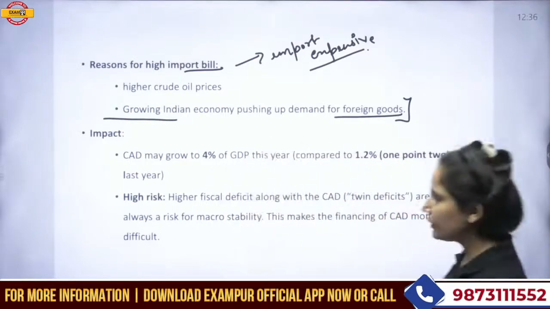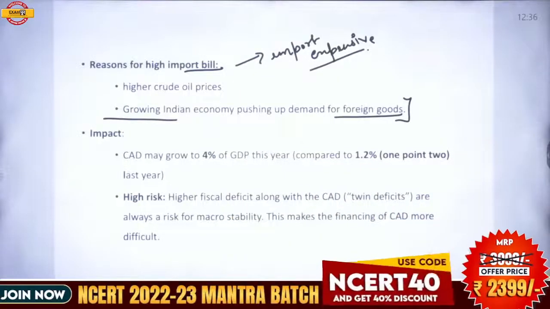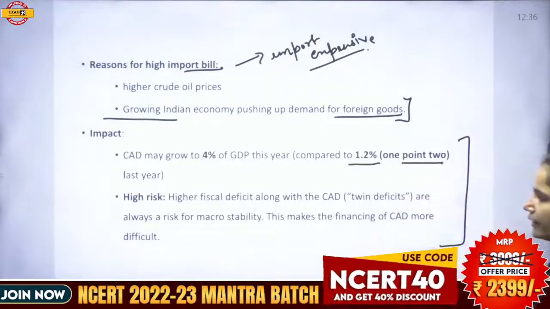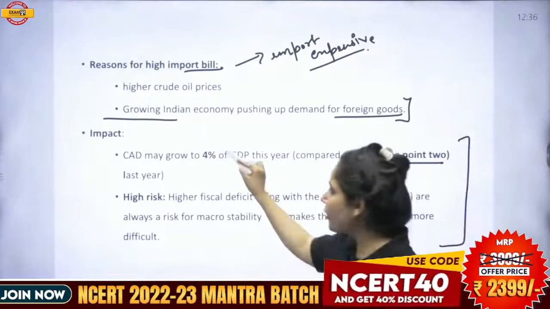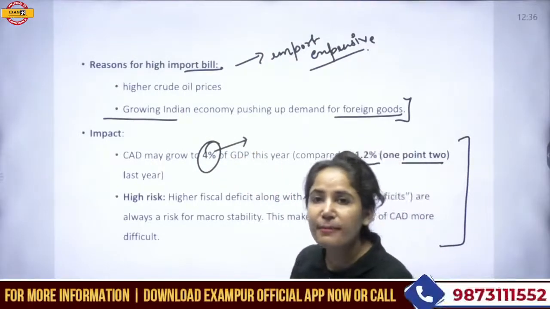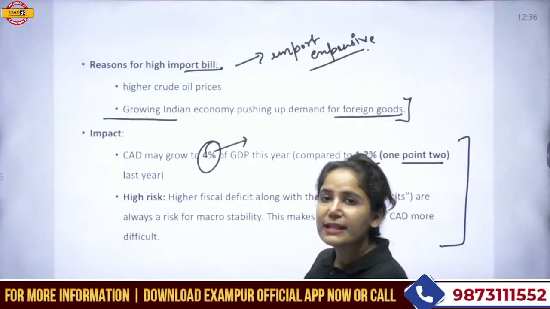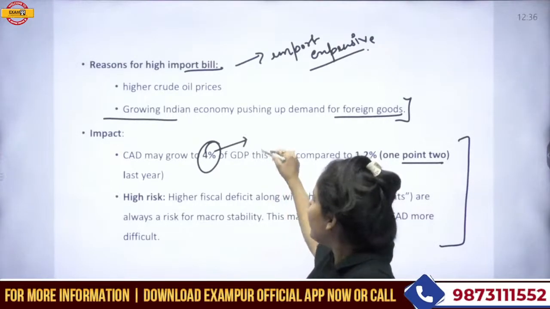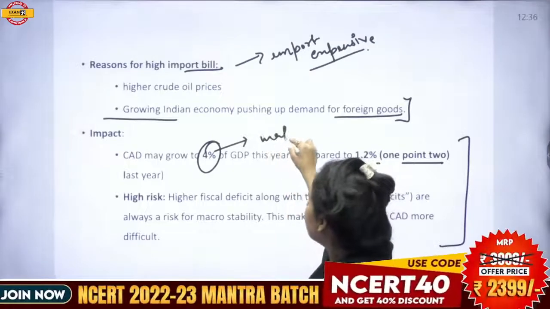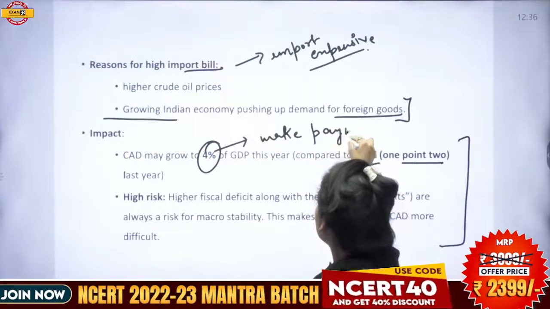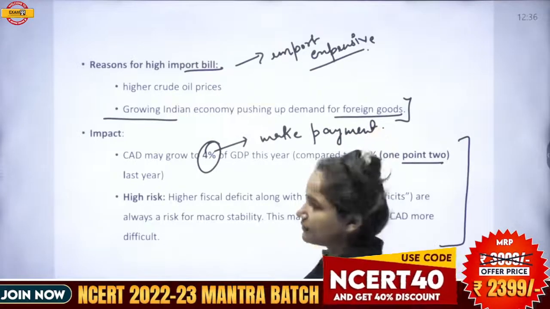Obviously. Okay. Import is all about the current account deficit. Compared to 1.2 last year, it has become 4%. What do we mean by 4%? That this 4% is extra. Extra in the sense that we have to make payment to the other country.